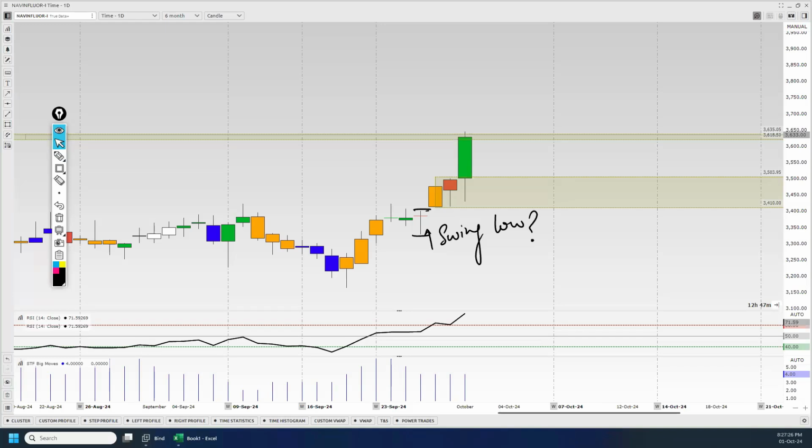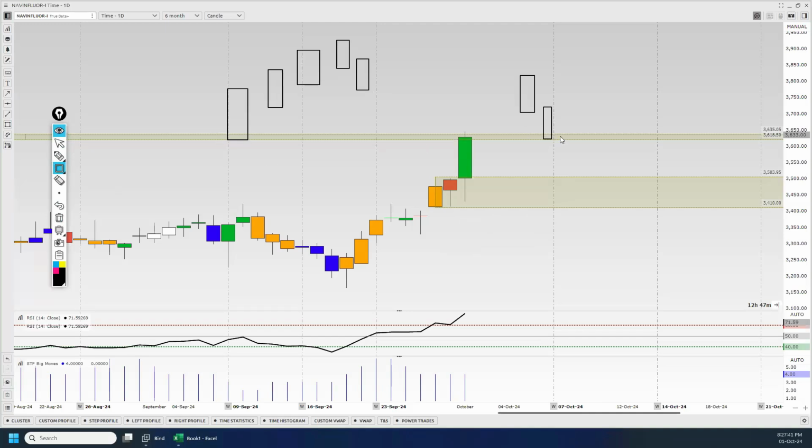This is a swing low. How are swing highs and swing lows formed? Very simple. You have a candle formation like this, and then you get this, or you are getting it like this.